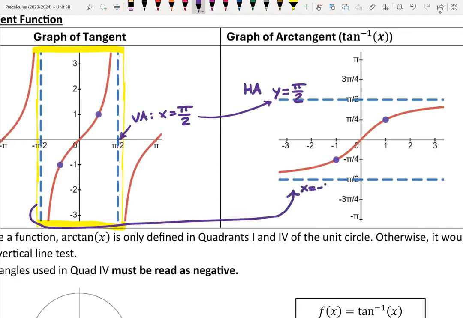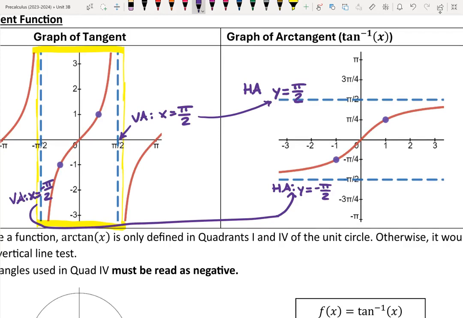I started with x equals, and now I have y equals -pi/2 as a horizontal asymptote, whereas originally I had that vertical asymptote of x equals -pi/2. So we again are seeing that inverse behavior of x and y switching.